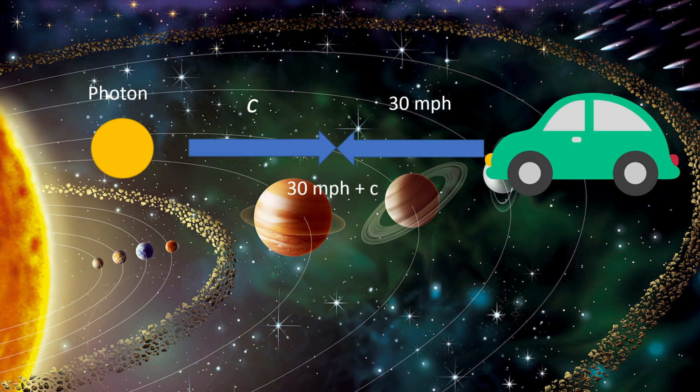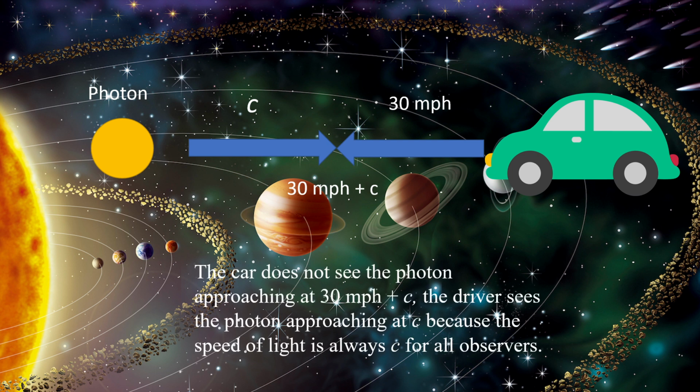However, this does not happen since, according to the special theory of relativity, the speed of light is always c for all observers. In this case, the driver would not observe the photon approaching at c plus 30 miles an hour. He would just see the photon approaching at c. This is exactly the same speed that a non-moving observer will also observe.